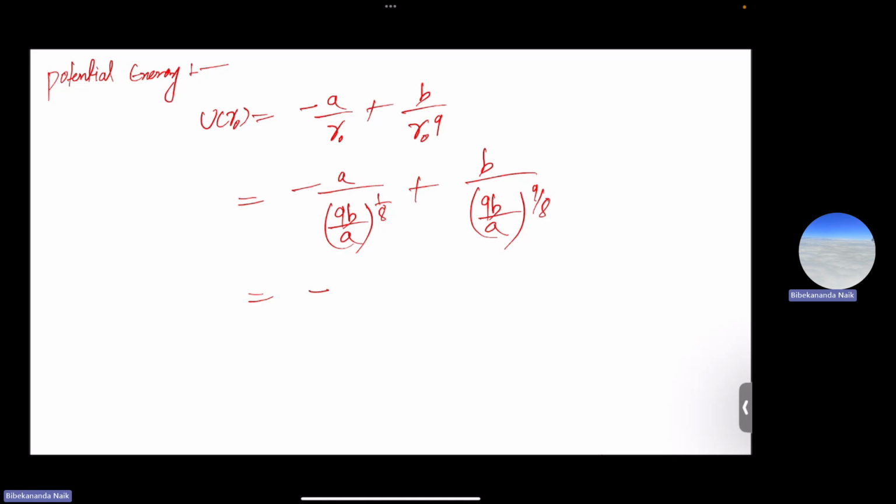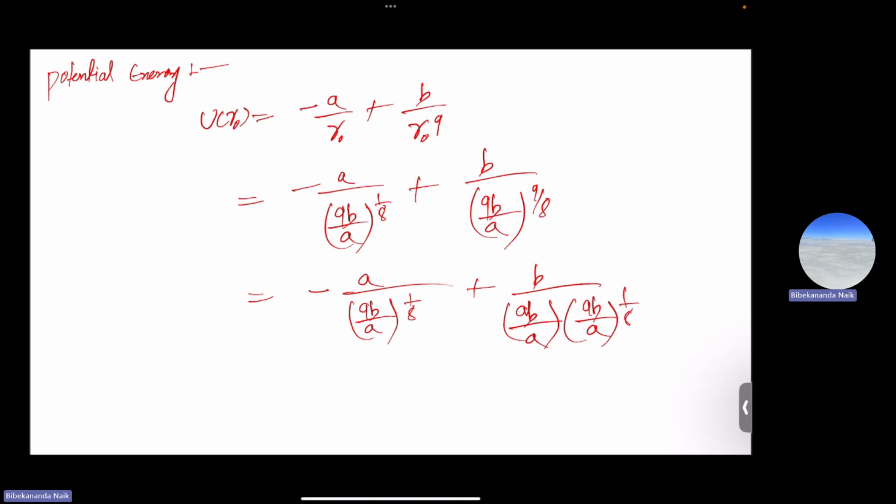This is A by (9B by A) to the power 1 by 8 plus B by 9B by A into (9B by A) to the power 1 by 8.